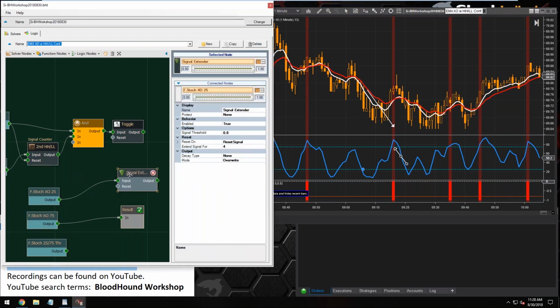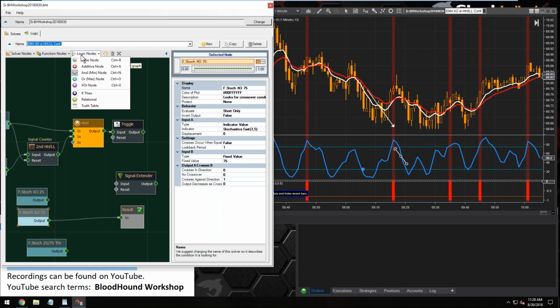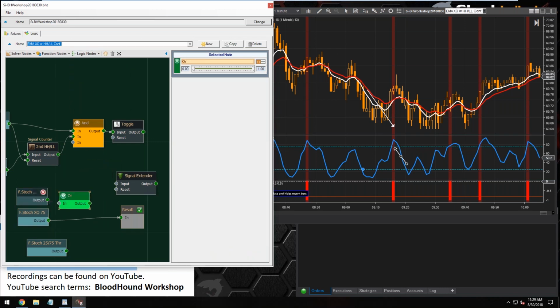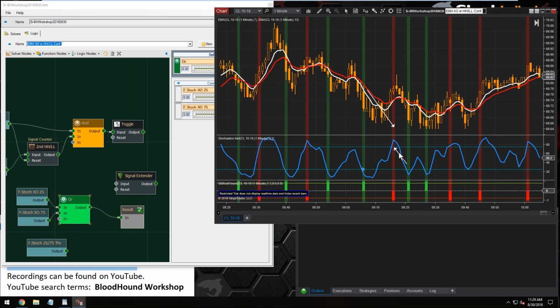So now what I'm going to do is take both of these crossover solvers and join them together with an OR node, because they basically act as one condition. If I look at the OR node, coming out of it I get both the long and the short outputs here, right?